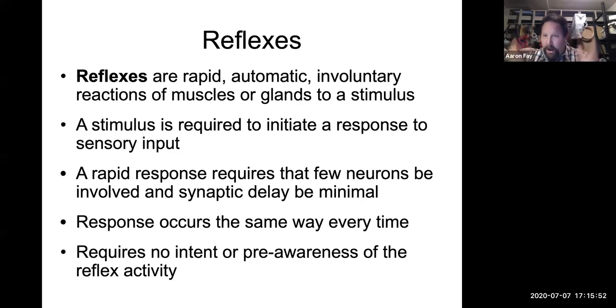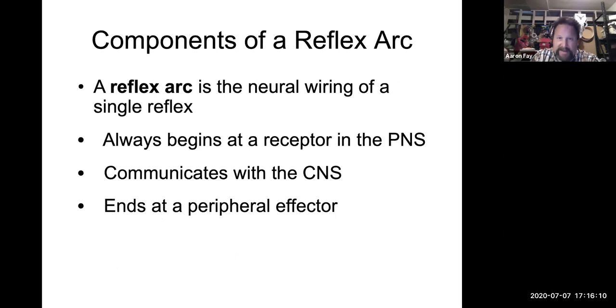So this is all hardwired, usually at the level of the spinal cord or brain stem. Right? And when you trigger a reflex, it's going to happen the same every single time because it's an automatic, rapid, involuntary response to some sort of stimulus. You don't need to be aware to generate the activity.